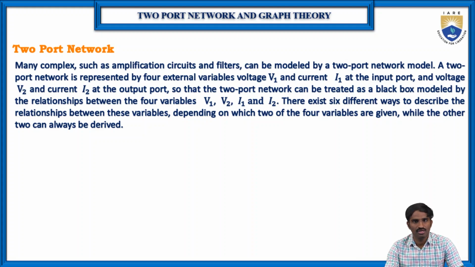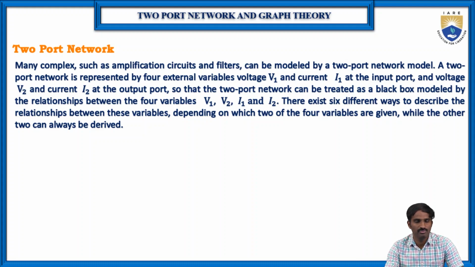Usually the two-port network is represented by two ports, which are the input port and the output port, and every port has two terminals. So the input port has two terminals with two variables, and the output port has two terminals with two variables. This means we usually have four variables.